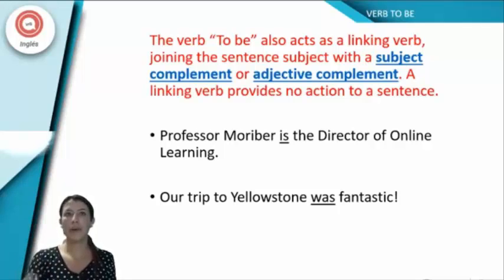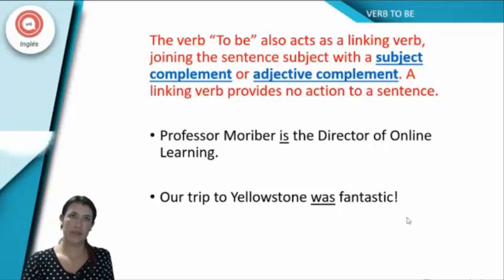To describe a person, an object. So our trip to Yellowstone was fantastic. We are just joining the subject here, that will be the trip, to this adjective that complements the idea, that is fantastic. Okay?